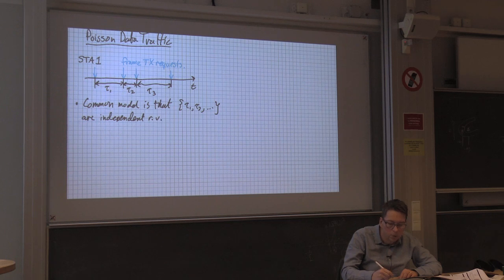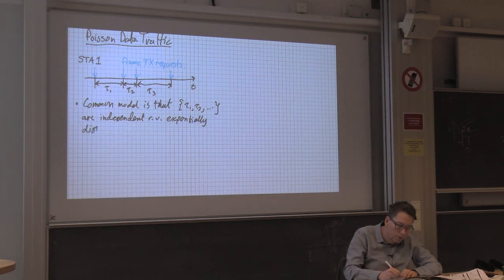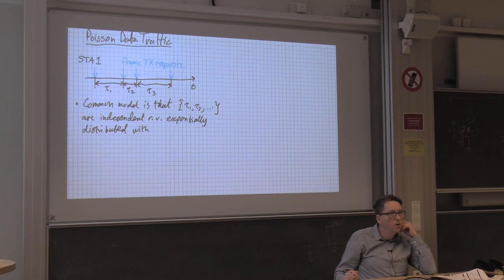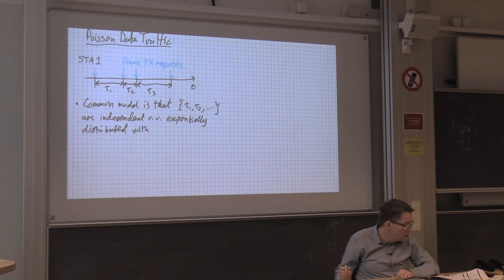random variables, exponentially distributed, with a certain parameter lambda, which is also known as the intensity, and 1 over lambda is the average time between these, the average of tau.